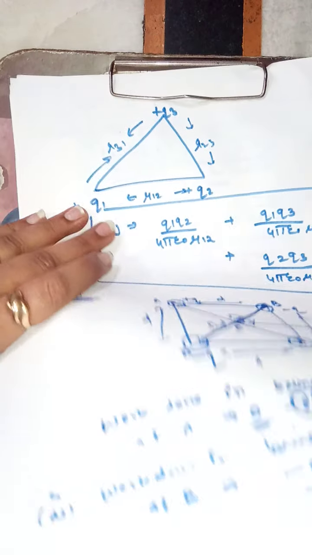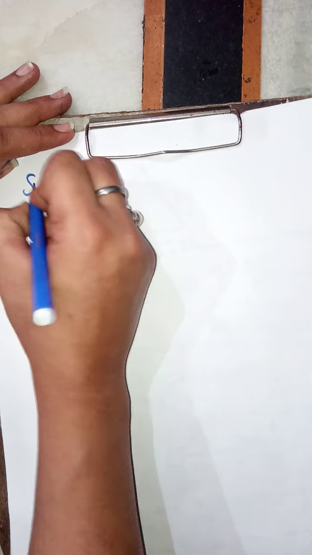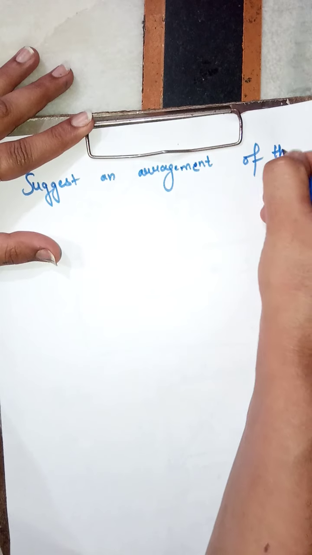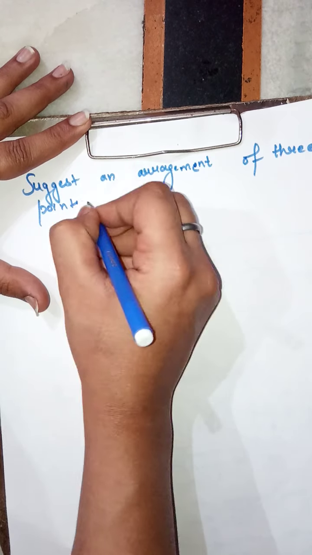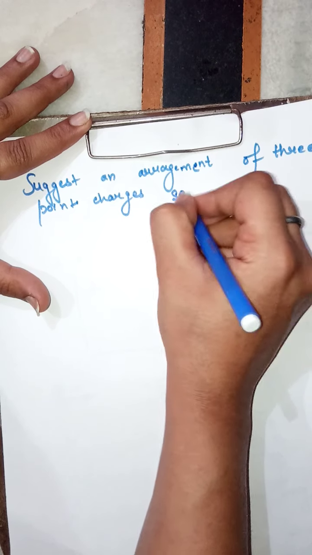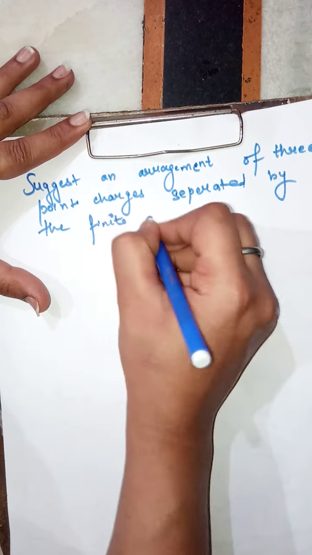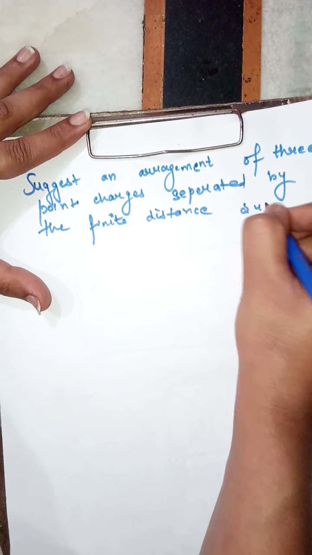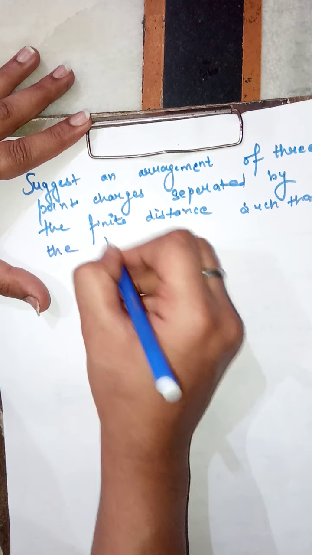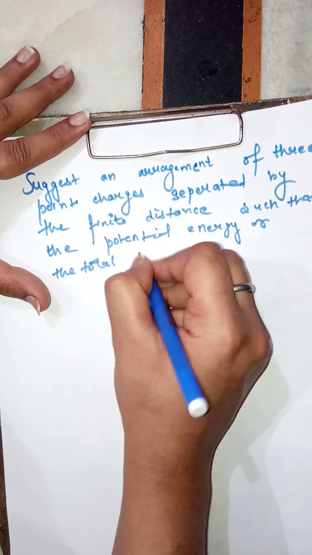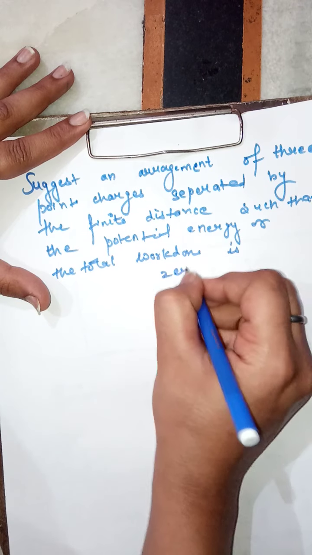You need to draw an arrangement of 3 point charges separated by a finite distance such that the potential energy or the total work done is 0.